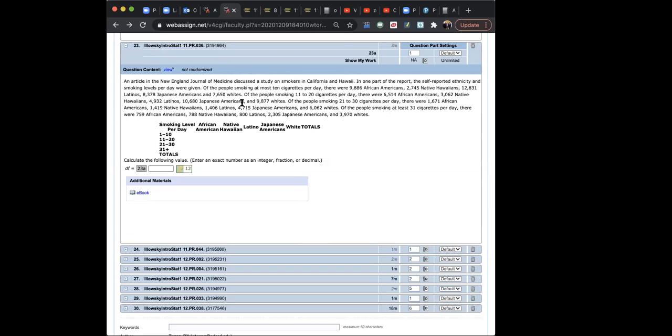The ethnicities are African American, Native Hawaiian, Latino, Japanese Americans, and white; there are 5. And then the row labels are the smoking level per day, 1 to 10 cigarettes, 11 to 20, and so on.